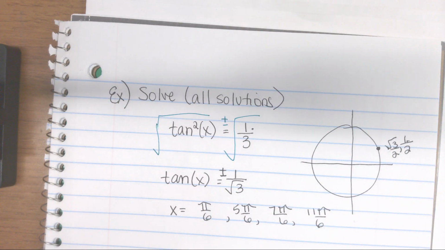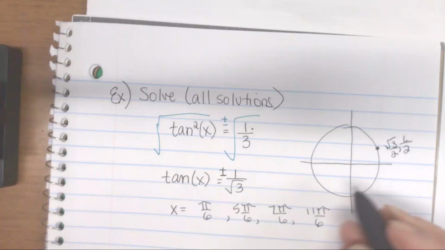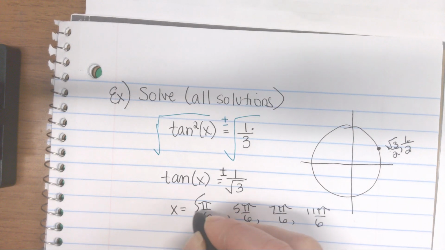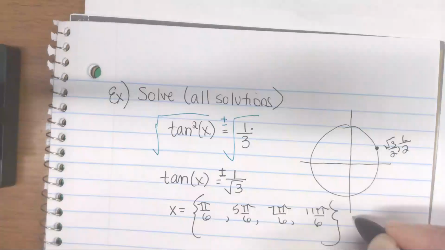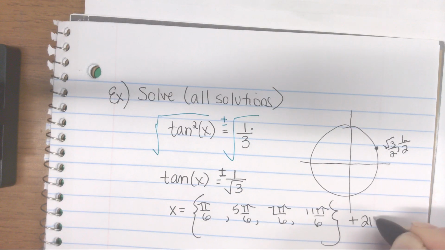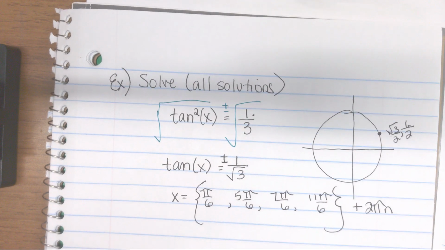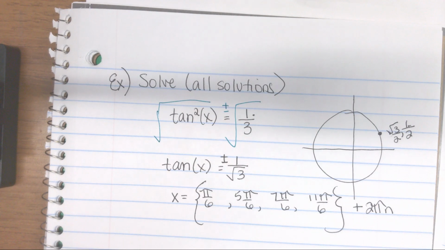So the way I could do that is I could take this whole solution set and say plus 2 pi n, meaning any multiple of 2 pi, it's going to also be the same. So when I ask for all solutions, you literally just do the same thing, but you add on at the end that it would repeat after 2 pi.